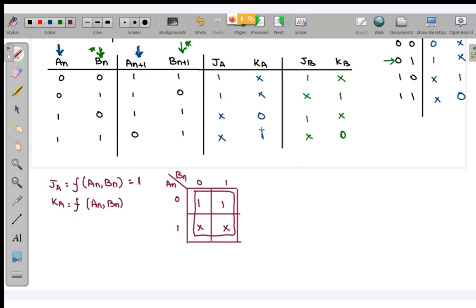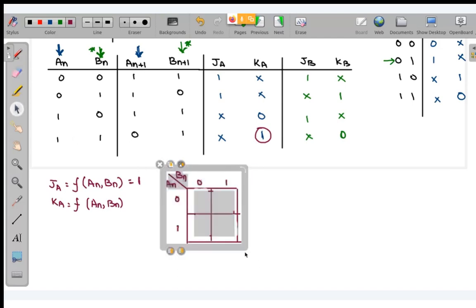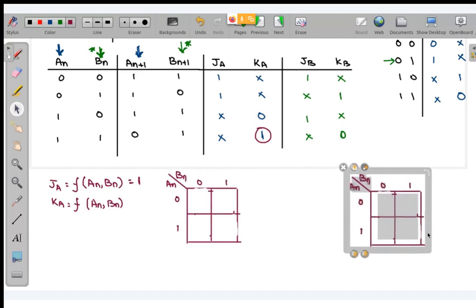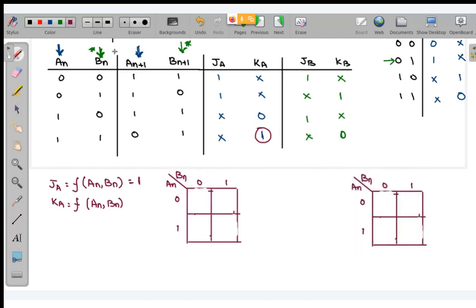Similarly for K, you can see only at this place it is 1, remaining all the places it is don't care, here it is 0, here it is don't care. So in the same K map I am going to draw for KA. This was for JA.